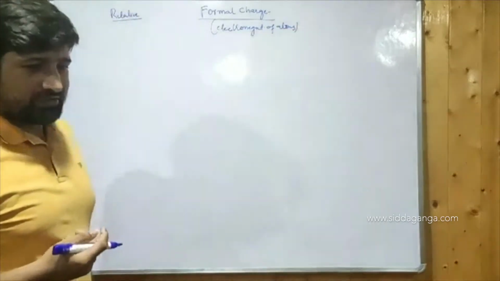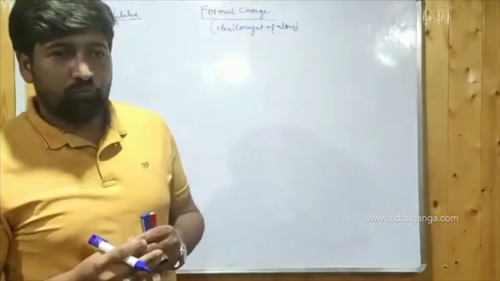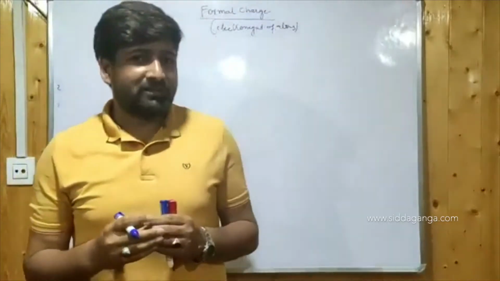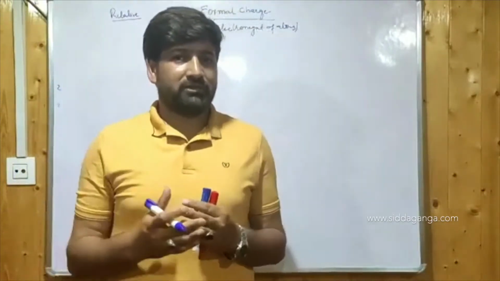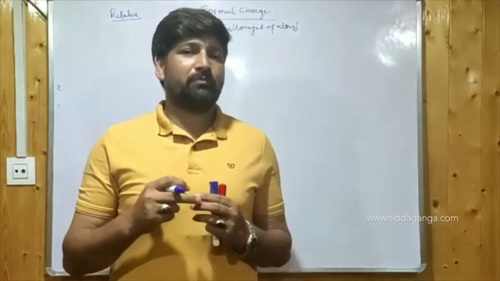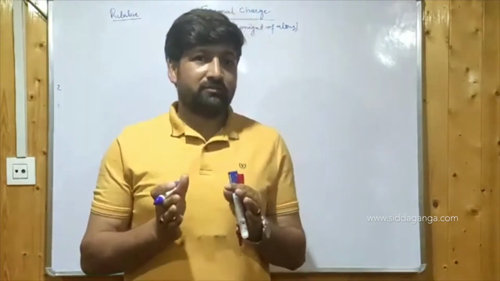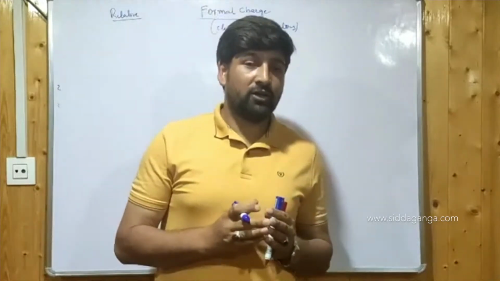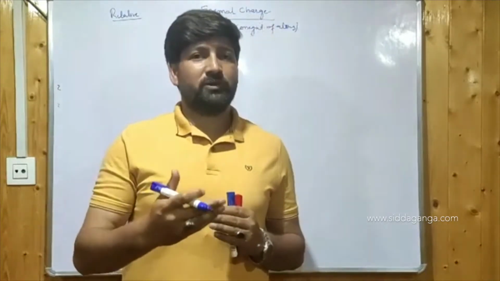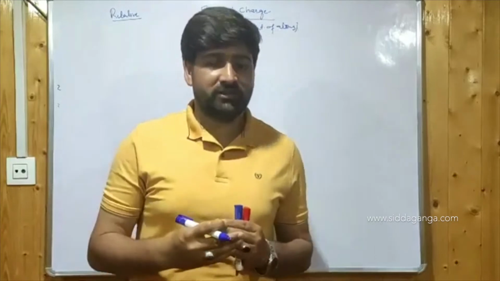It's a relative charge in which we want to find out what is the apparent charge that can be present on a particular atom in a given molecule. Although the charge may be present on some other atom, we consider a central atom to be the region where this charge is apparently present.